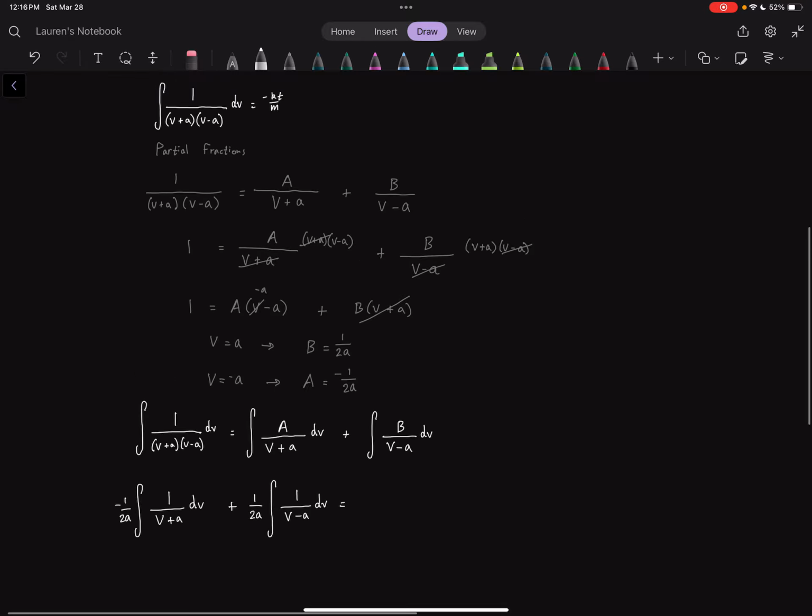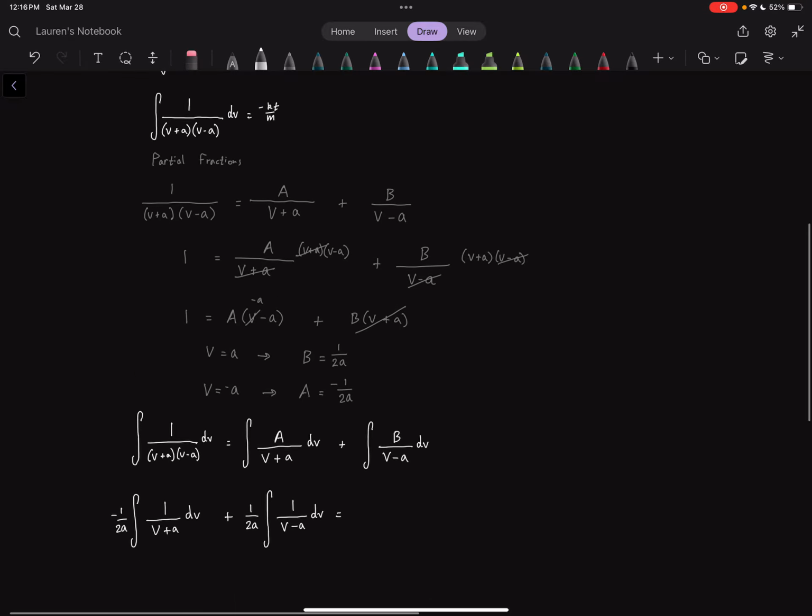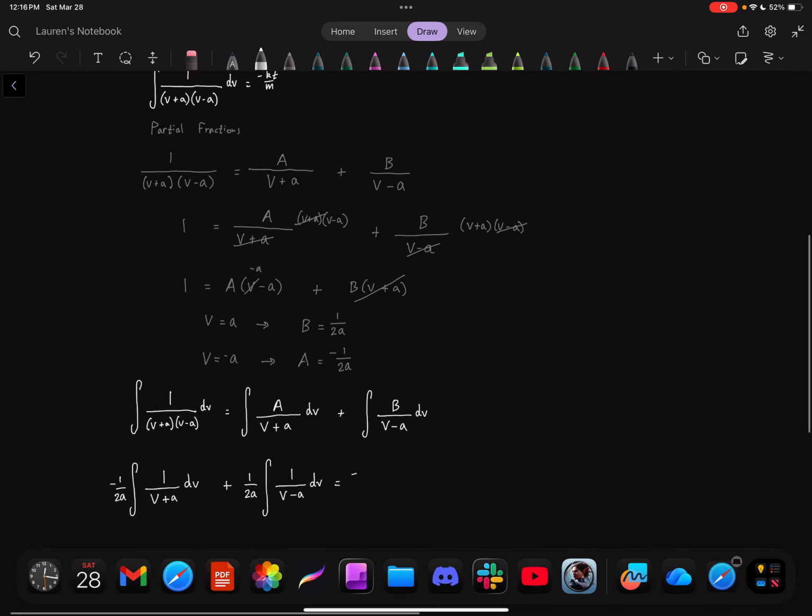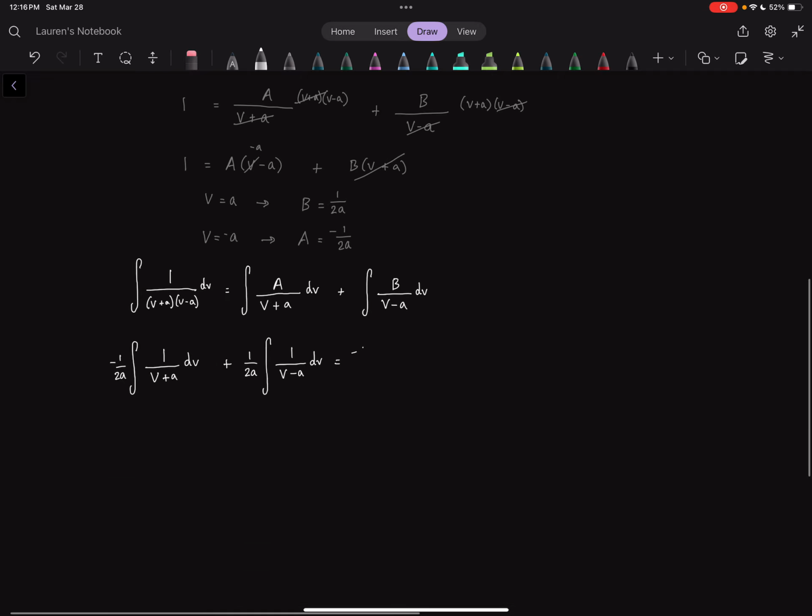And all that was equal to minus kt over m, to recover our equation there.